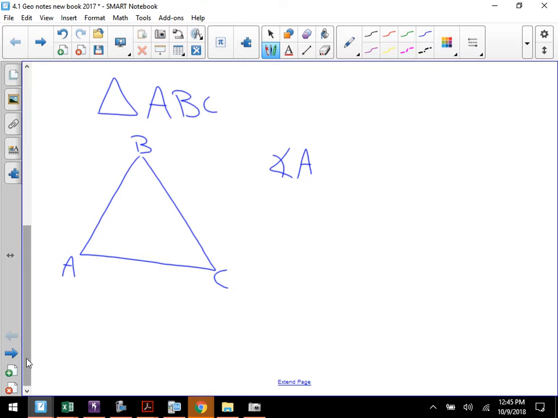What are the other two angles we have? Okay, angles A, B, and C. All right, give me a side line. What was the side length, guys? BA? Could it be BA or AB? Does it matter?